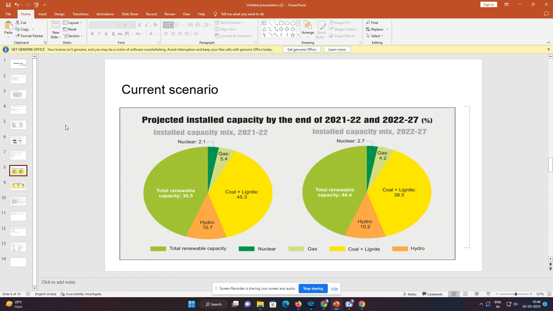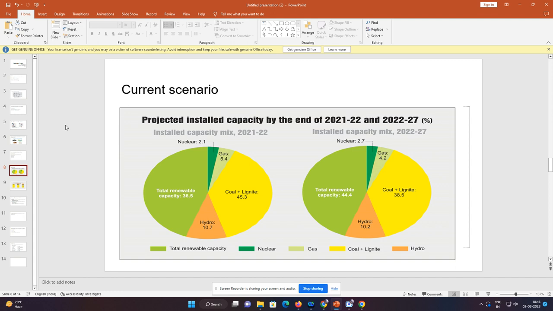The second scenario focused on hydropower and considered a higher installed capacity of 80,000 megawatts by 2027. It has been found that in this scenario, half of the installed capacity would come from non-fossil fuels, while 40% can be from fossil fuels, where in this case efforts have to be made on a war footing to timely harness the hydropower potential.